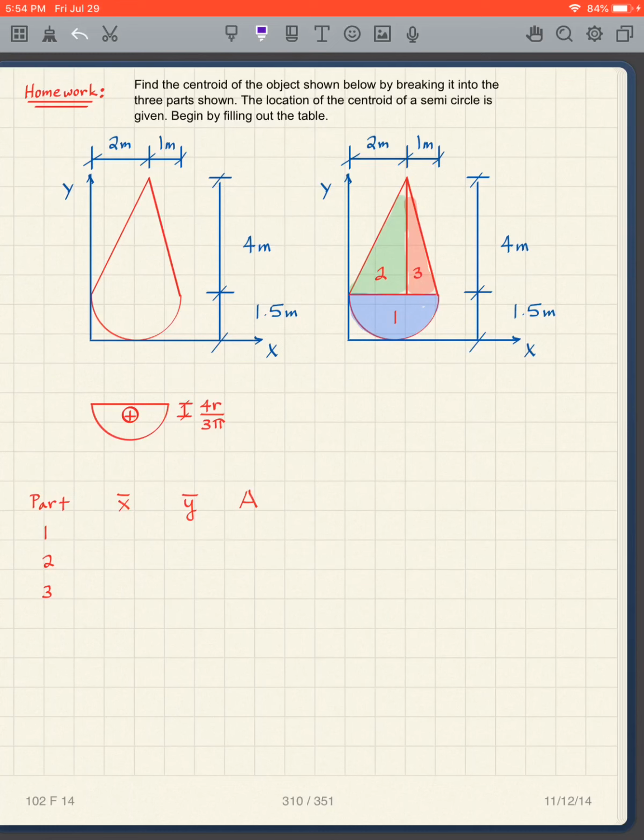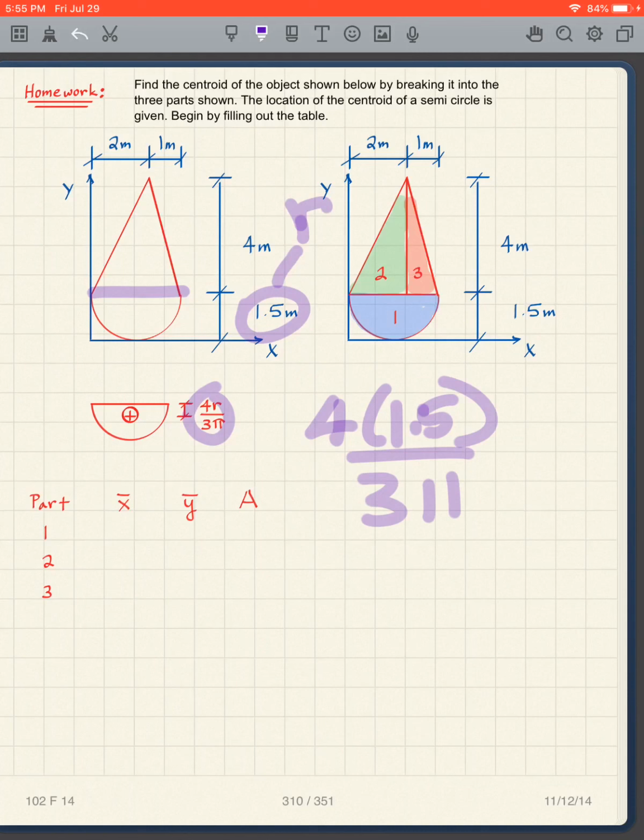So in this particular case, this is a semicircle with a radius of 1.5 meters. So that distance is 4 times 1.5 over 3 pi. So that's going to locate the centroid for you for that piece.